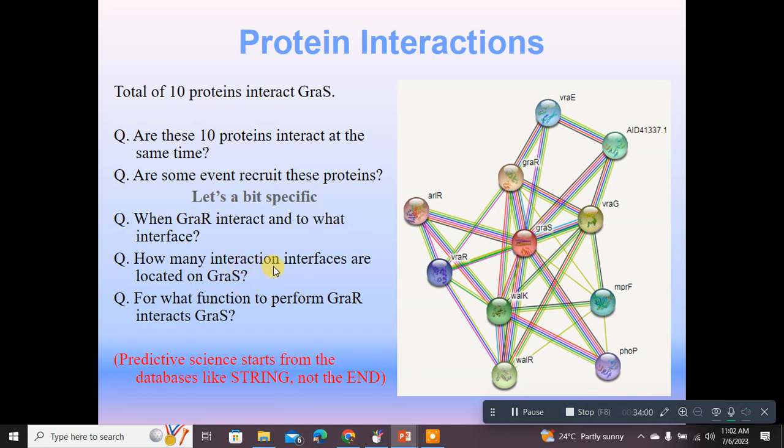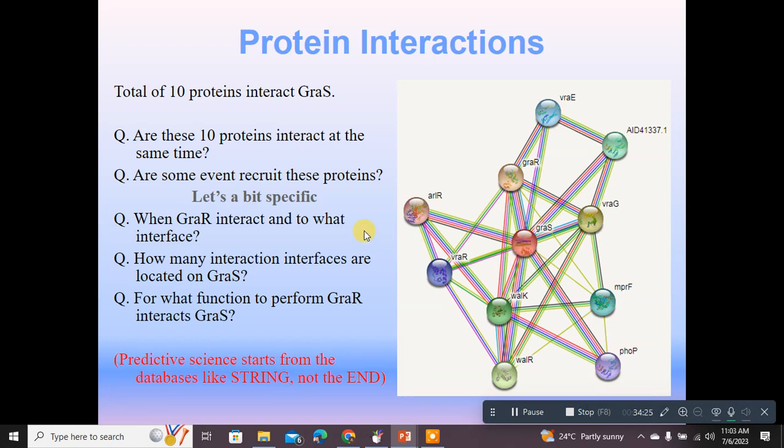How many interaction interfaces are located on GRAS? On this protein, how many interaction interfaces are located? For example, 3. It means at the same time it will interact with 3, not all 10. So for what functions does GRAR interact with GRAS? Why does this protein interact with this protein?